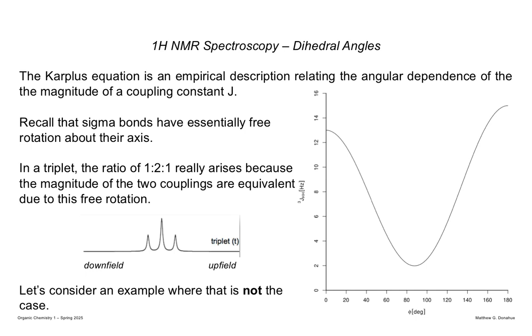So sigma bonds have free rotation. And because of that, you're getting the higher than normal coupling.